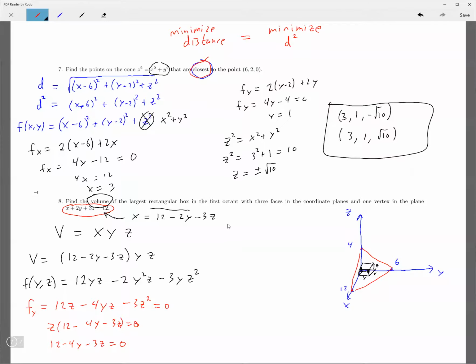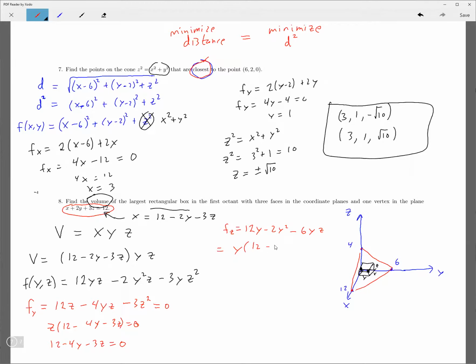Okay, so let's look at fz from here. So that's going to be 12y minus 2y squared. And then here, this is going to be 6 minus 6yz. And here you can factor y out.